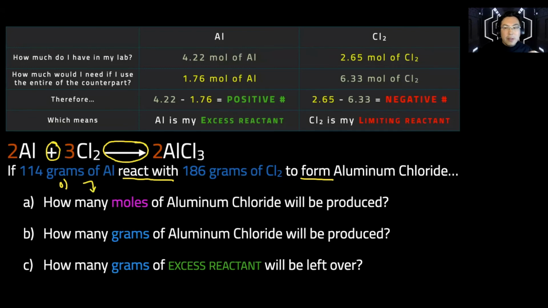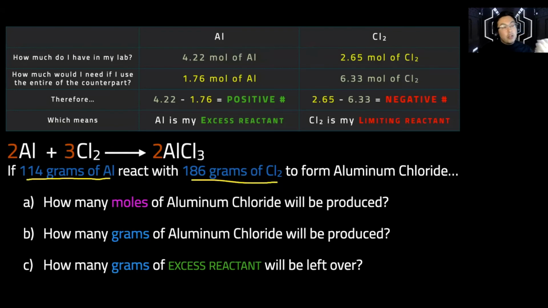By having these two amounts in the problem, you need to compare between them. You need to have them fight to see which one is going to be the limiting reactant. And the one that turns out to be the limiting reactant is the only quantity that you will consider to answer everything else, right?